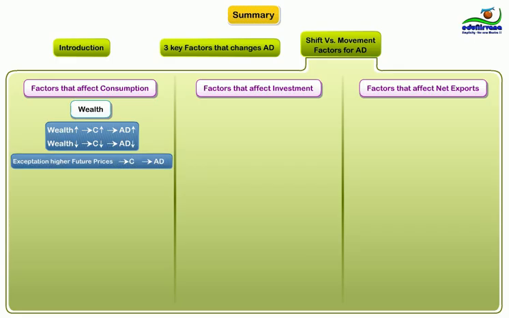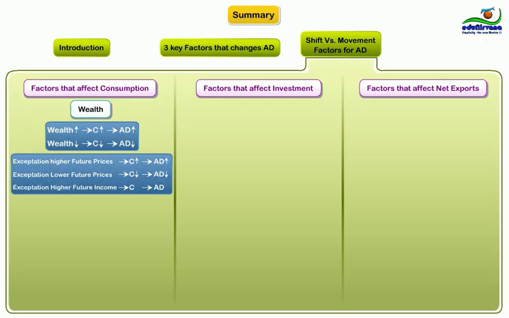Expectations about future prices and income: expect higher future prices, consumption increases, aggregate demand increases. Expect lower future prices, consumption decreases, aggregate demand decreases. Expect higher future income, consumption increases, aggregate demand increases. Expect lower future income, consumption decreases, aggregate demand decreases.